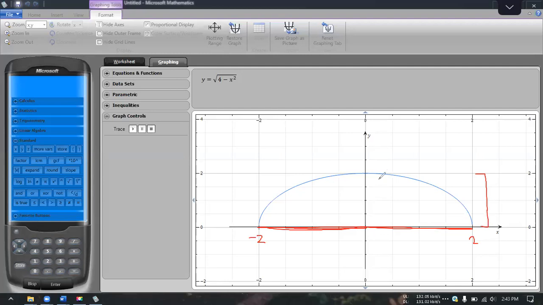So all y such that y is greater than or equal to 0 but less than or equal to 2. Did you get it?